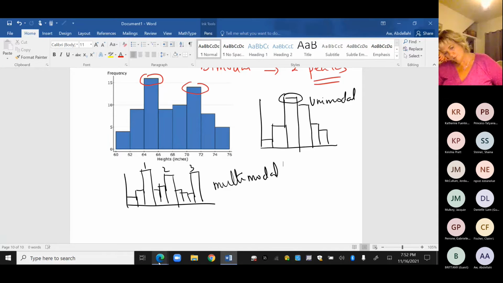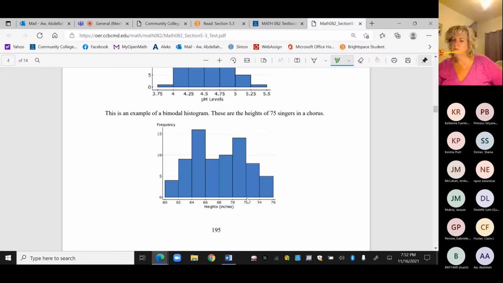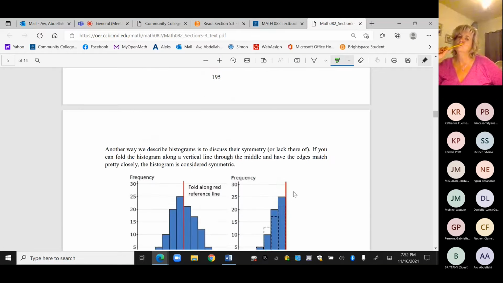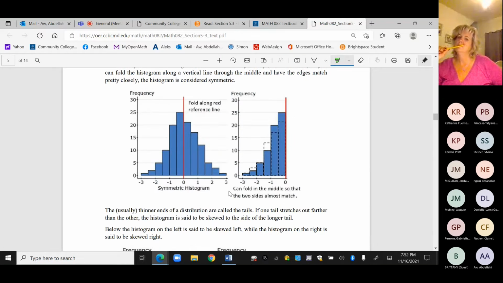So right here we have another vocabulary going on. Sometimes we say, for instance, this histogram that you see, we can see it as something like symmetry. In math, symmetry means we have one axis and one side is almost equal to the other side.